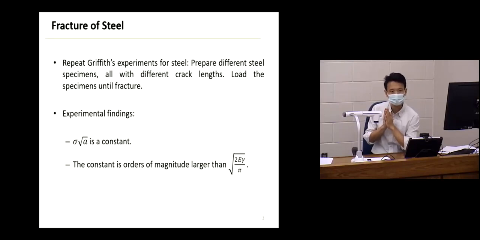That means breaking: you need to separate atomic planes to increase the surface. And that energy is what is stopping you from cracking. The only thing in the material stopping you from cracking it is that surface energy. You apply some force, and that surface energy is what resists it.